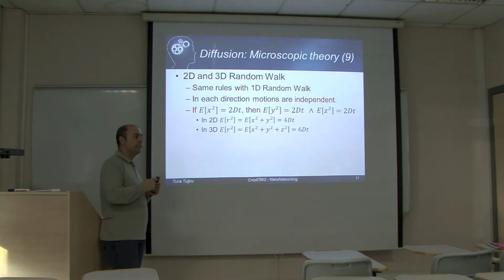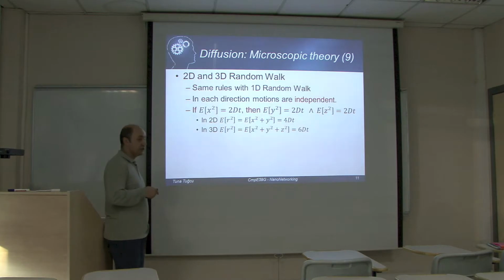But the component in the x dimension is independent of the component in the y and also the z dimensions. So you can consider them to be three independent events. If the expected value of x squared is 2Dt, as we did before, then for y squared it would be 2Dt, and for z squared it would be 2Dt. Three separate random movements, actually.